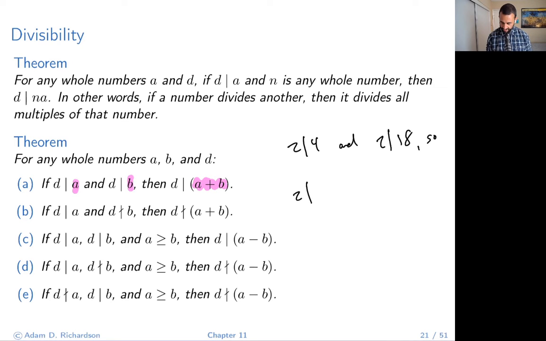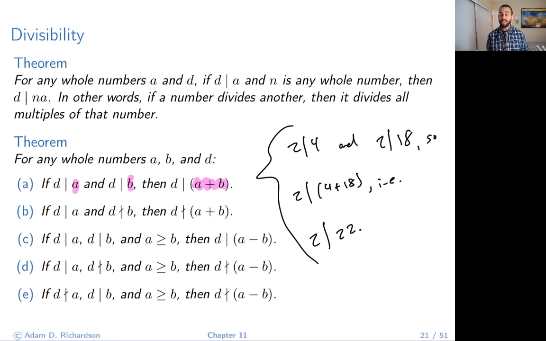So 2 divides 4 plus 18, in other words, 2 divides 22. So that's what this theorem is saying right here. And that works for any number that you know divides these two numbers, a and b.